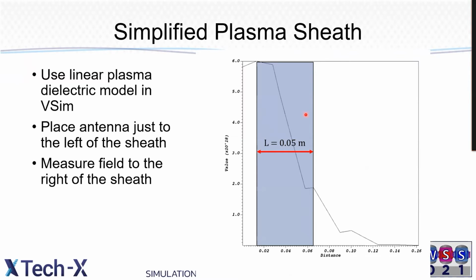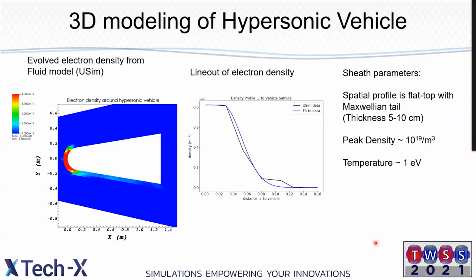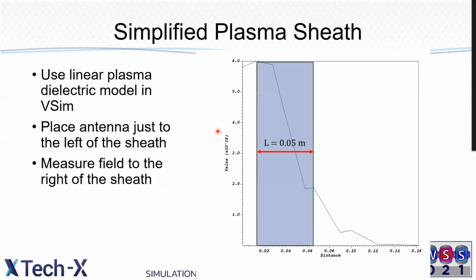The reason we're doing that is for theory: it's easier to compare the results with analytic theory. Of course, I could put in this more realistic profile if I chose to, and there's even a way to import the data directly. So there are all sorts of methods for getting the USim data into VSim. For now, we're just doing a very simple fit, but there are more sophisticated methods if you choose.